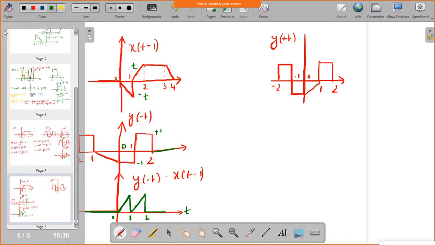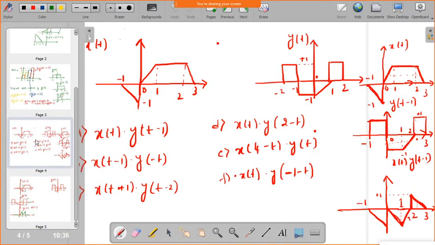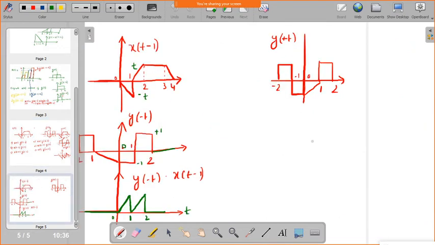C: x of t plus 1 into y of t minus 2. Do it. X of t plus 1 into y of t minus 2. Do this one.